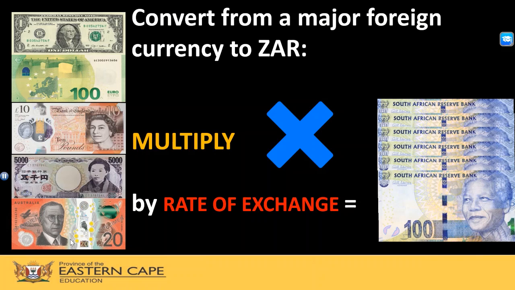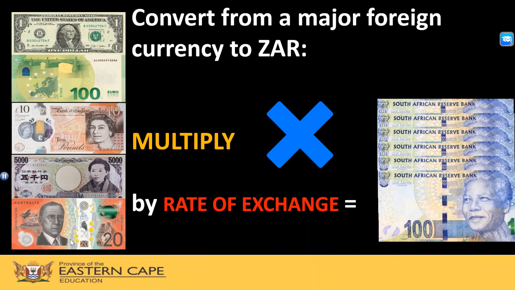When we are converting from a major foreign currency, take a look at the left-hand side of your screen. There we have the images that we saw in the previous lesson: the United States dollar, the euro, the British pound, the Japanese yen, and the Australian dollar. We are required to convert from those major currencies into South African rand on the right-hand side of your screen.